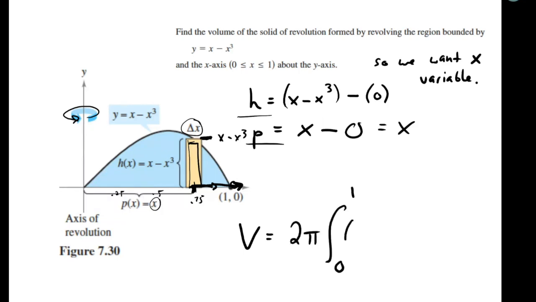We have p, which is just x, and we have h, which is x minus x cubed, and we're in the variable x for dx. If you want to pause the video and actually solve that by hand, go for it. It's good practice. I would start by distributing that out, and then once you unpause the video, you should get 4 pi over 15.